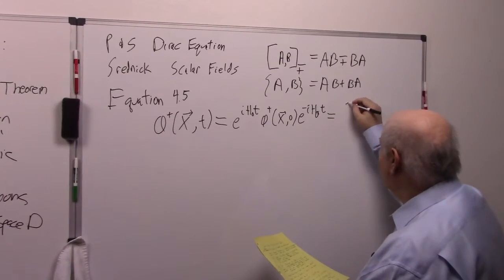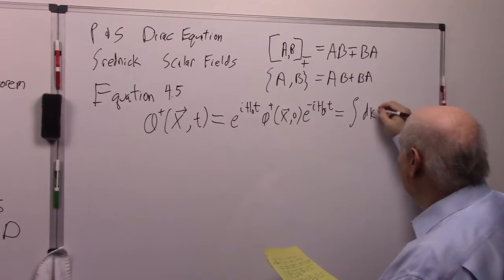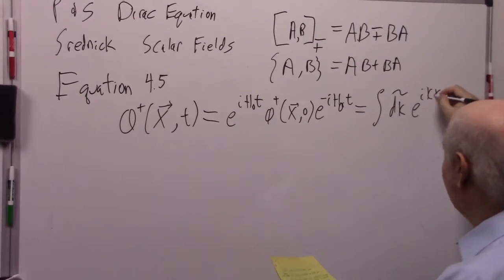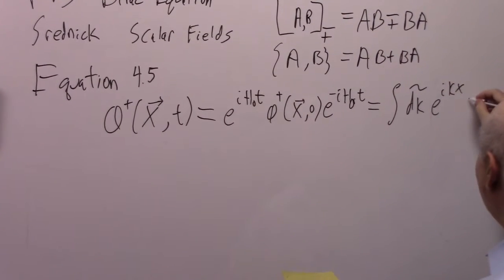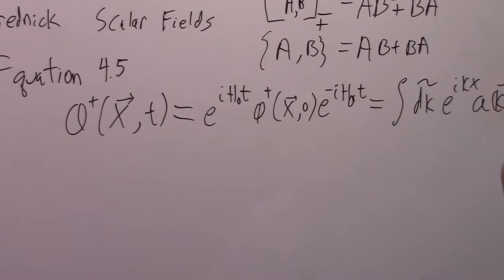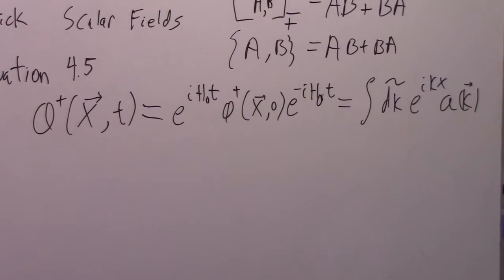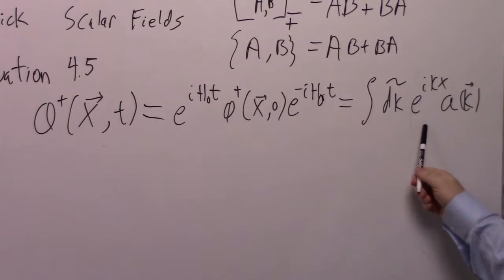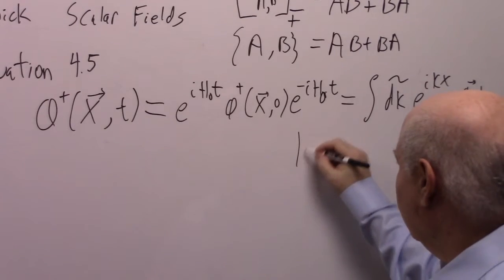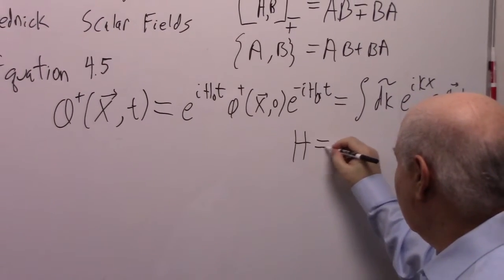This is equal to the integral of d k tilde e to the i k x a_k. He does give the free field Hamiltonian.